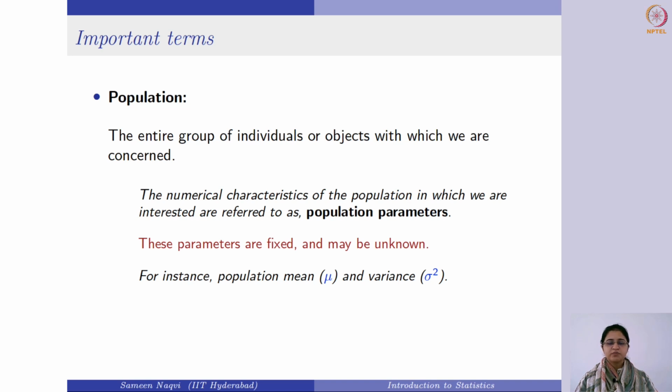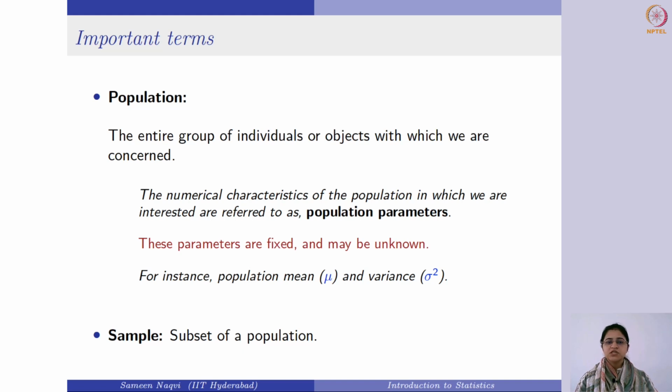In this example, you will find out the average income in the sample, and then based upon it, you can generalize it to the entire population. And that is why your sample is basically a subset of the population.